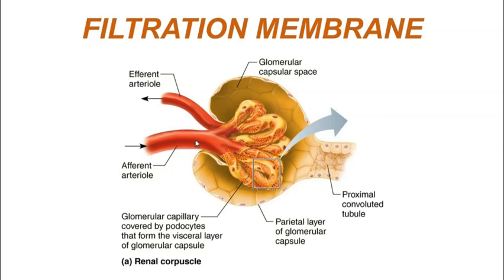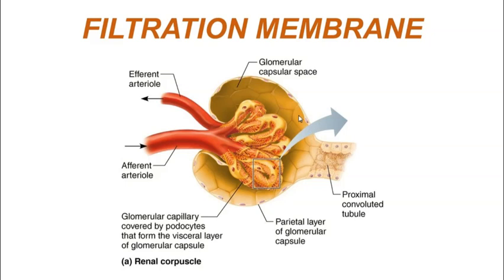The afferent arteriole is delivering blood to the glomerular capillaries. Blood makes its way through the glomerular capillaries and exits through the efferent arteriole here. And the glomerular capsule surrounds it, kind of like a hand clutched around maybe a ball or something like that. So the glomerular capsule completely surrounds and encases the glomerular capillaries.